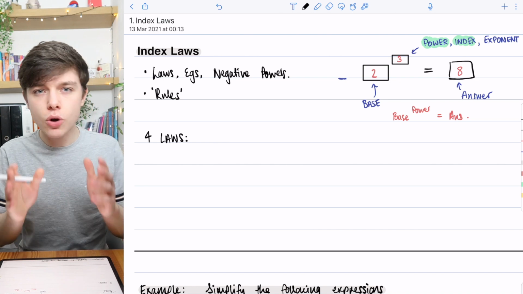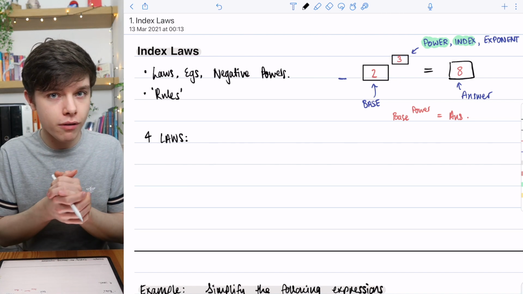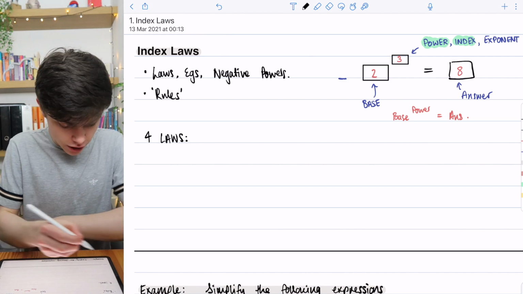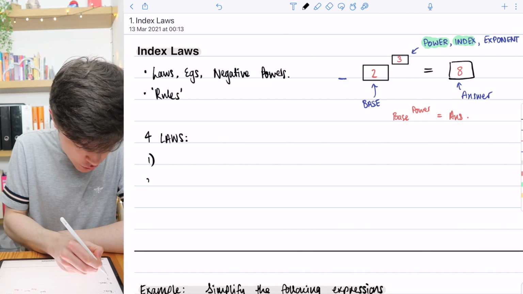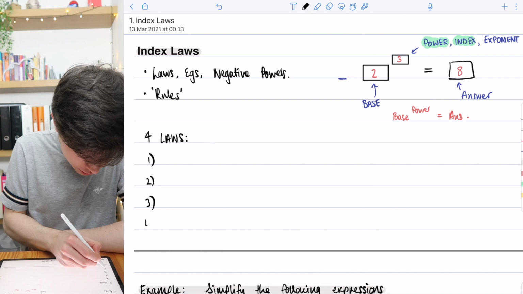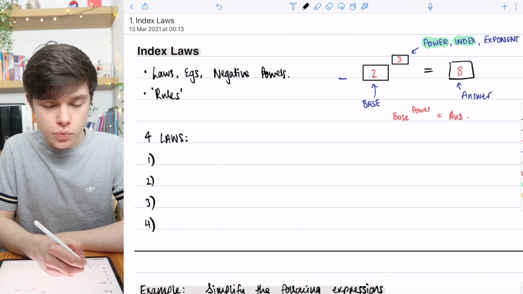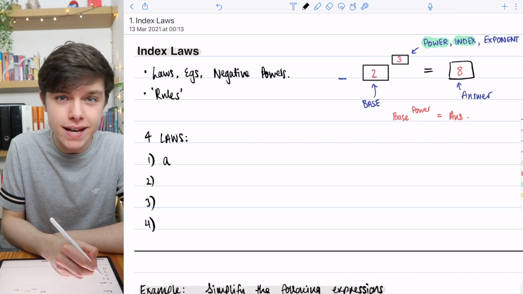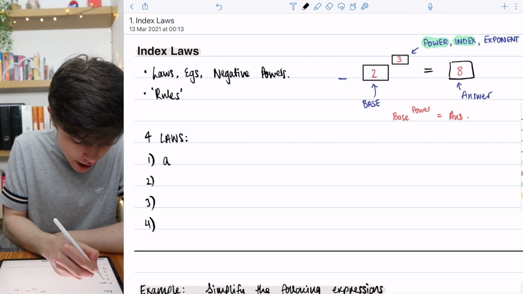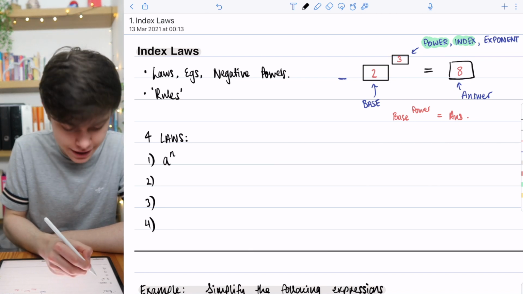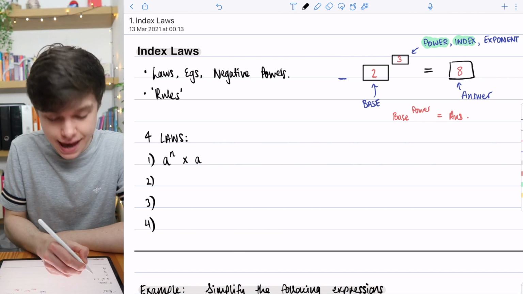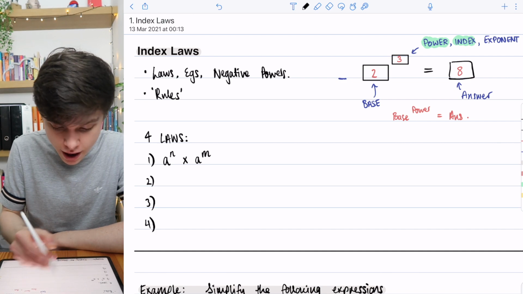If you're following along with the Edexcel book, we're on page 2. The 4 laws are as follows. There are 4, so we'll list them 1, 2, 3, 4. The first one is when we're multiplying powers. So if I have some base, we'll call that a, and I raise it to the power n, and we multiply that by the base a, raised to the power m.